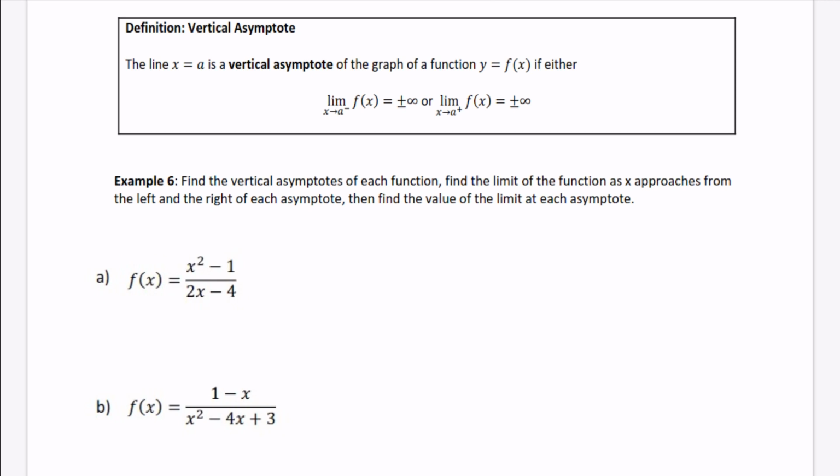The line x equals a is a vertical asymptote of the graph of a function y equals f of x if either the limit of f of x as x approaches a from the left is equal to plus or minus infinity, or the limit of f of x as x approaches a from the right is equal to plus or minus infinity. So if a is a constant and the answer to that limit gives us positive or negative infinity, then a is a vertical asymptote.